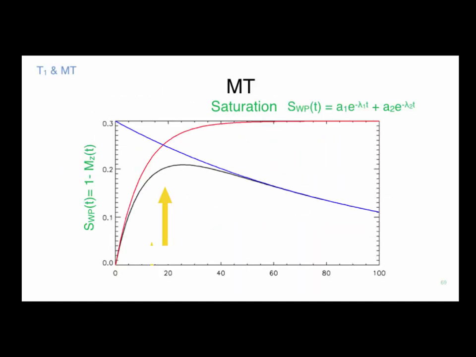So if you go back to this curve, effectively you start here with an MT pulse with a short delay time, and if you increase the delay time you're taking different samples on the saturation curve, similar to taking different samples in an inversion recovery curve.